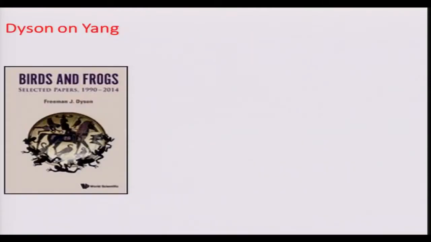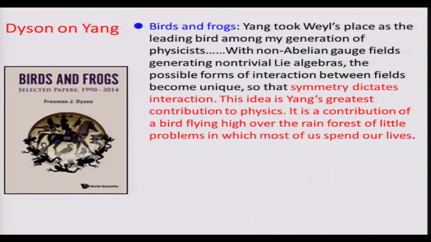Let me mention that Professor Dyson recently published, also with World Scientific, collected papers of recent years. It includes a lecture titled "Birds and Frogs." It says that Yang took Weyl's place as the leading bird among my generation of physicists, with the non-abelian gauge fields generating non-trivial Lie algebras.